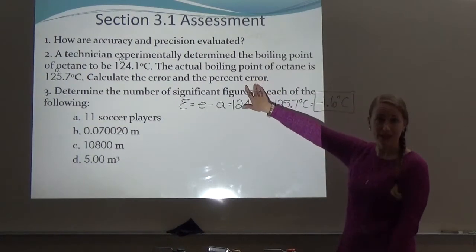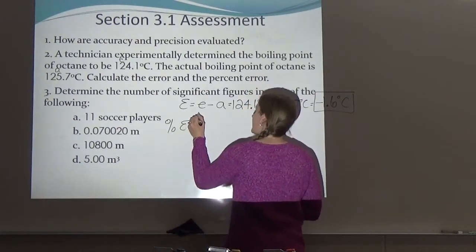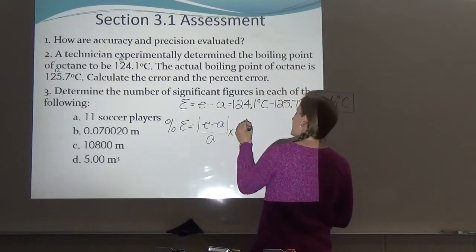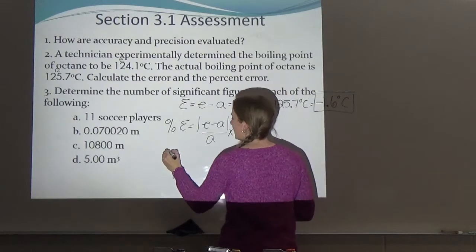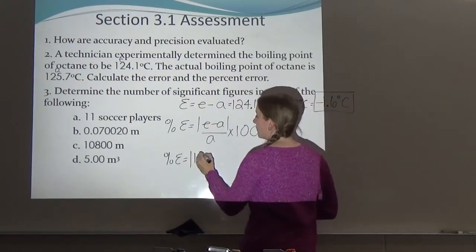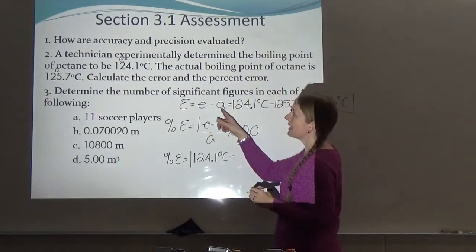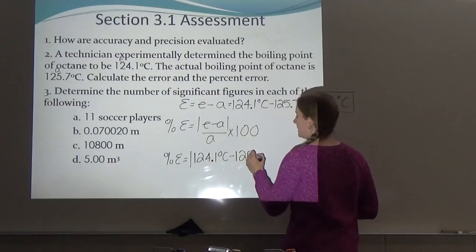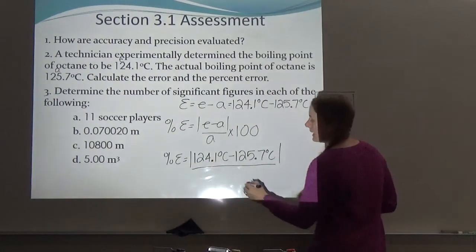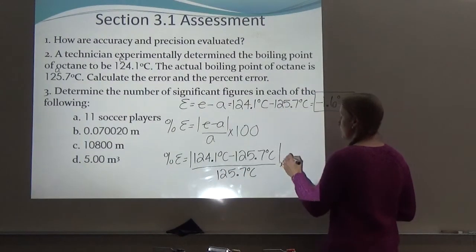But it also says calculate percent error. Percent error is the absolute value of E minus A over A times 100. So let's plug that in real quick. My E is the 124.1 minus my A, which is 125.7, absolute value of that, over A, which is 125.7, times 100.